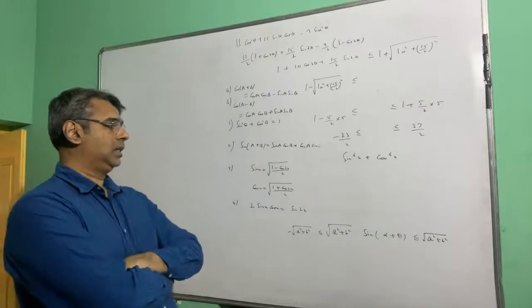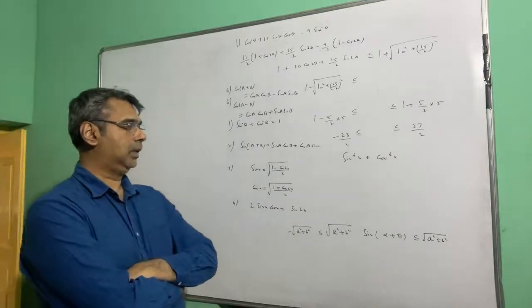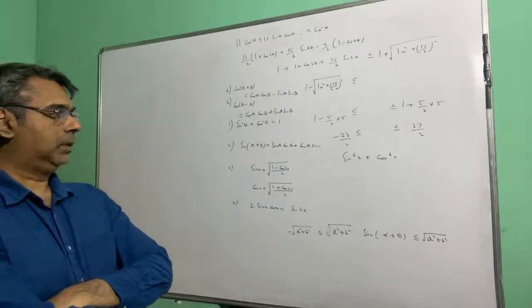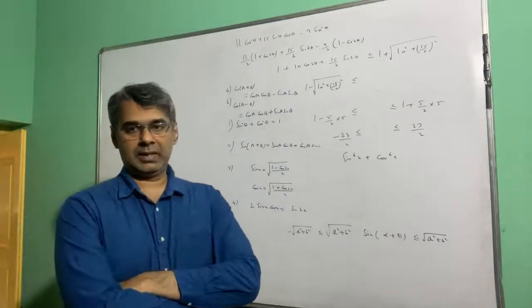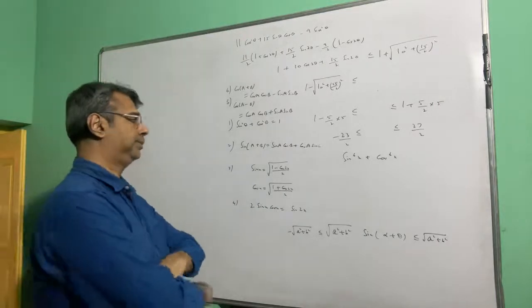Okay, now next let's have a look at a question. Find the maximum and minimum value of sine to the power 6x plus cos to the power 6x. Okay, that is a question. Maximum and minimum value.